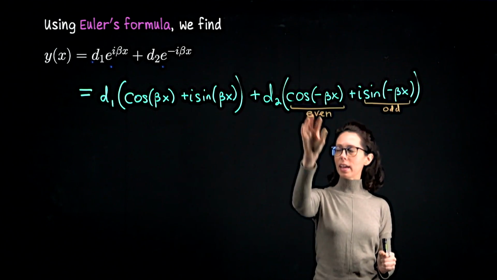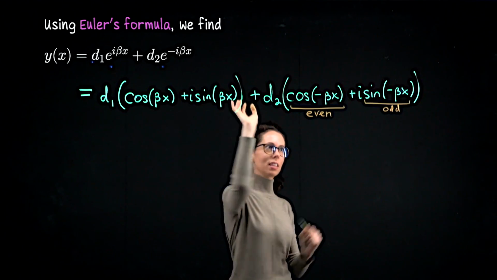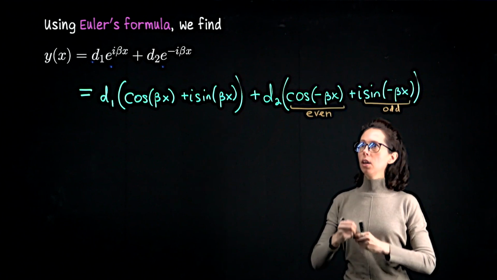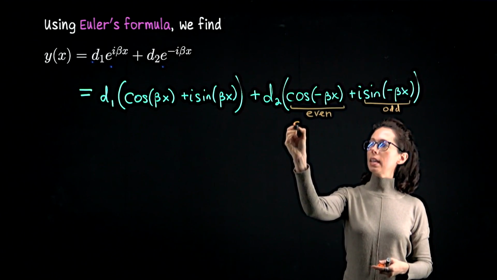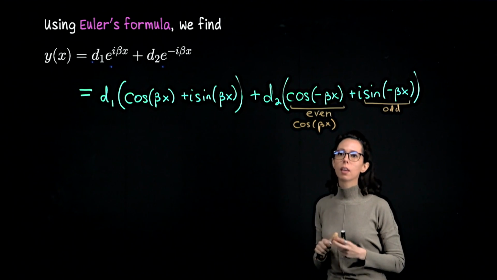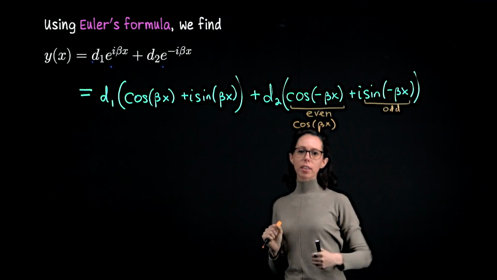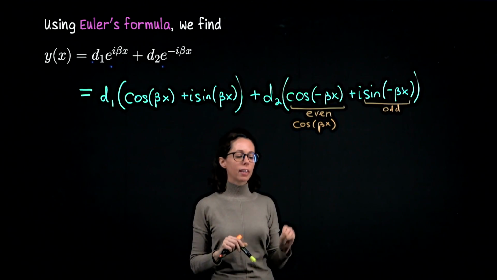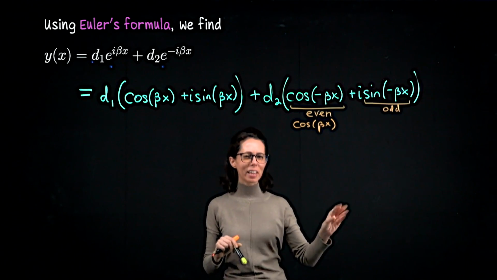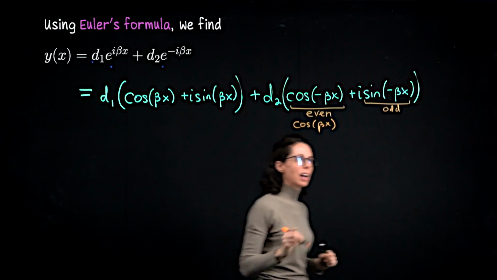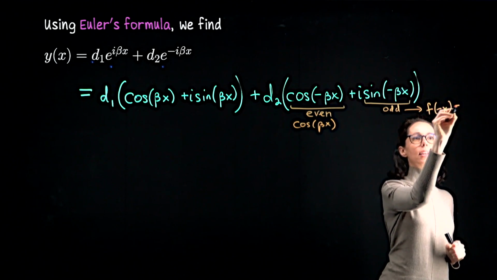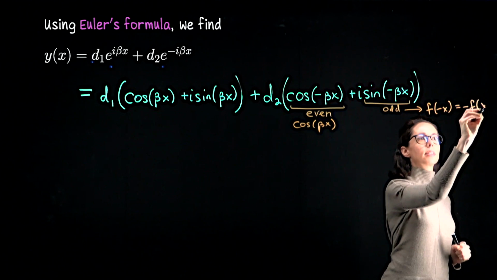Actually, let me just write that here rather than rewriting all this and just making some little changes. I'm just going to say, since this is even, cosine of negative beta x is cosine of beta x. Whereas for an odd function like sine, if it's odd, that means that f of negative x equals negative f of x.